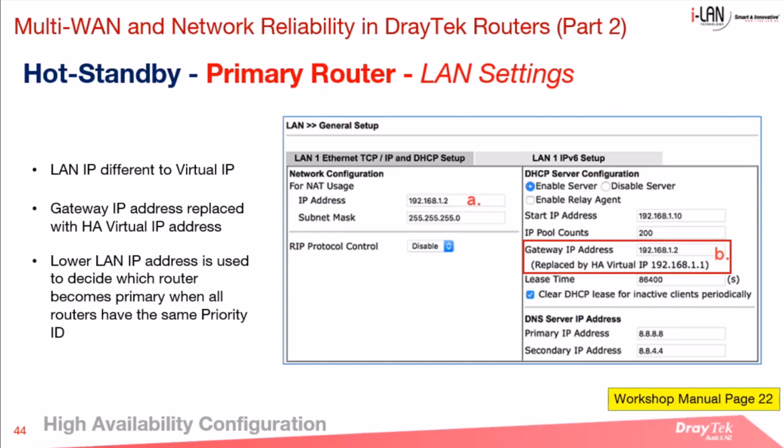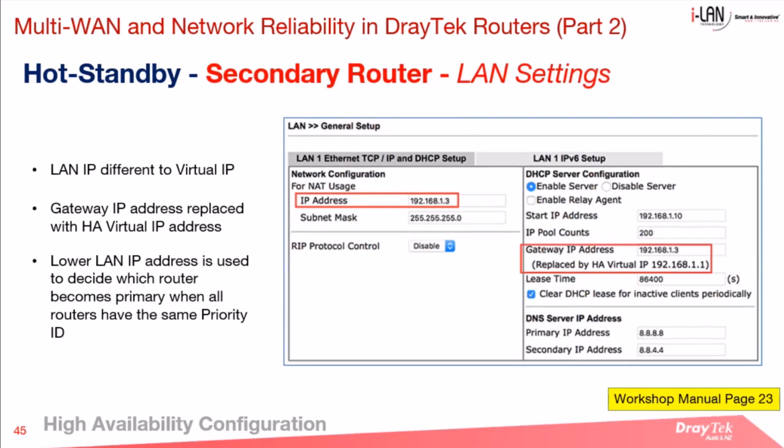In this example, we have 192.168.1.2 as the LAN IP address and 192.168.1.1 as our virtual IP address. The virtual IP address will serve as the gateway IP address for all LAN clients. Keep in mind that if all routers in the group have the same priority ID number, the router with the lowest LAN IP address will become the primary router.